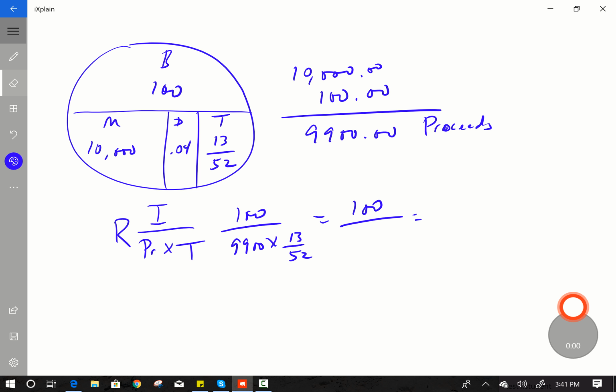The answer is 2475. Then 100 divided by 2475 is equal to 0.040404. Move the decimal point 2 places to the right, which is 4.04%. So the effective rate is slightly higher than that of the stated rate.